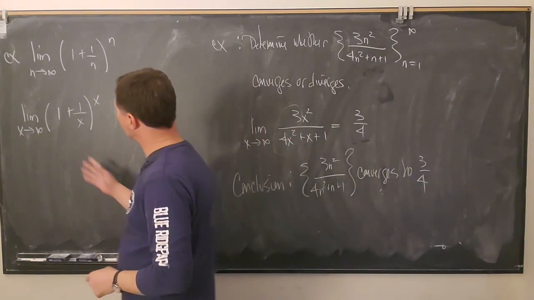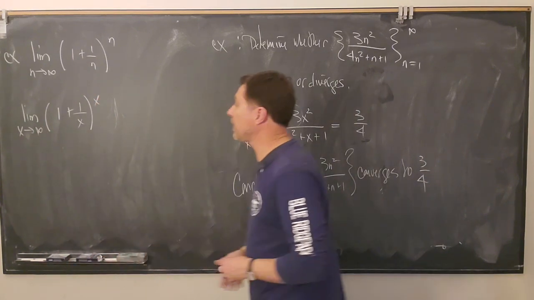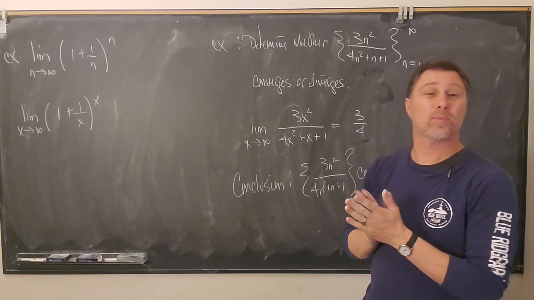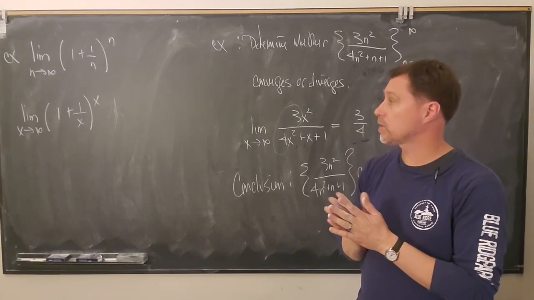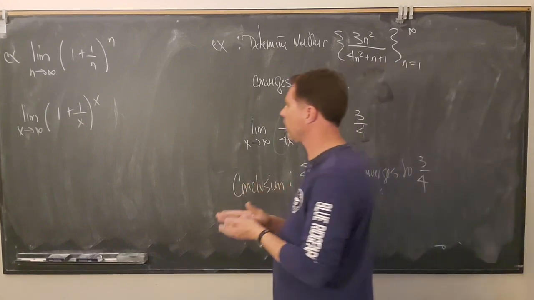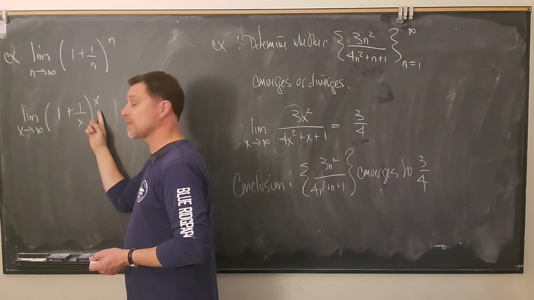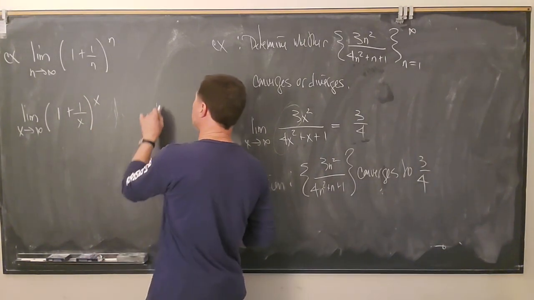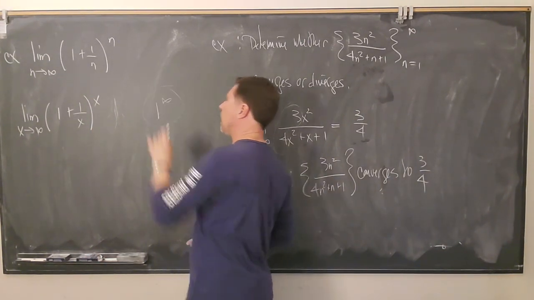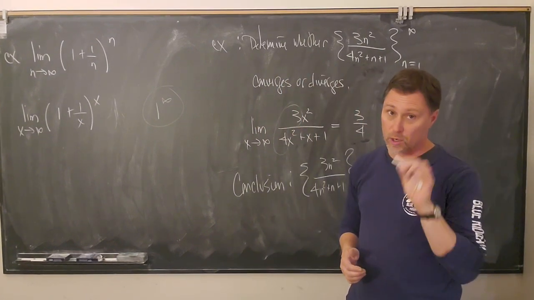Now, when I look at this one, as x goes to infinity, inside the parentheses, 1 over x is approaching 0. So inside the parentheses, we've got 1. As an exponent, we have infinity. And so this is indeterminate of type 1 to the infinity. Don't write equals 1 to the infinity, and especially don't write 1.